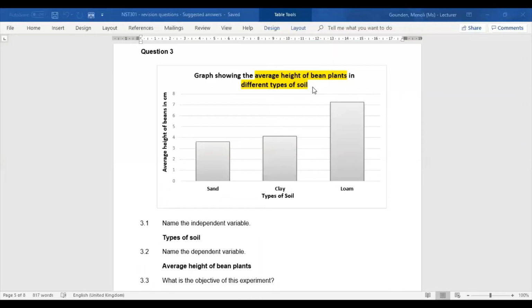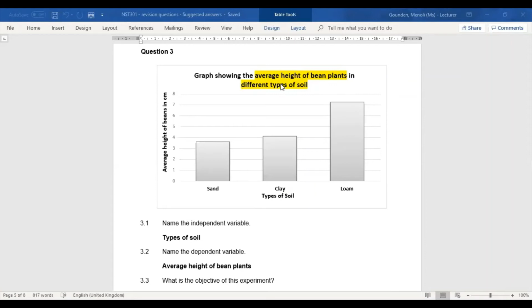The other way, if we were to generate a statement, the only logical statement will be the average height of the bean plant depends on. So the average height of the bean plant is my dependent variable, making different types of soils my independent variable.